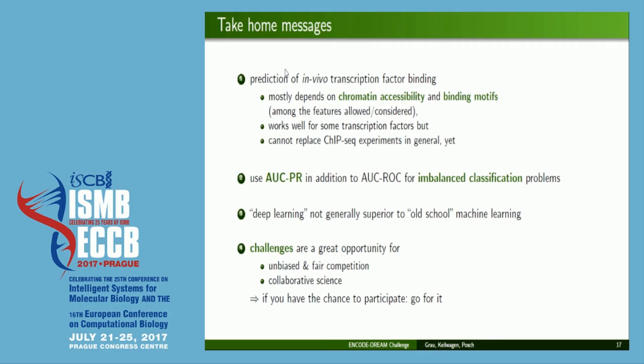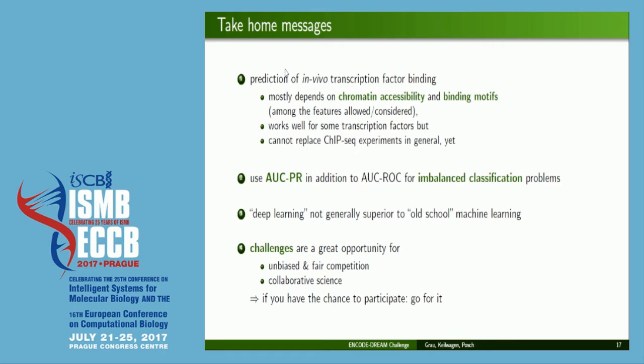And it might be that other features that were not allowed to be used in the challenge could still add something to the performance we observed. The prediction so far works well for some of the transcription factors, but there's still room for improvement, and we are not yet at a level where we could replace ChIP-seq experiments by computational predictions.